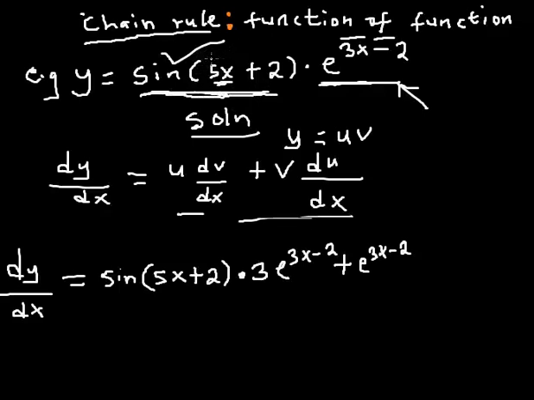If I differentiate 5x + 2, of course you know very well that I'm going to have 5, so that's going to be times 5. Then if I differentiate the entire function sin(5x + 2), that's going to be cos(5x + 2).